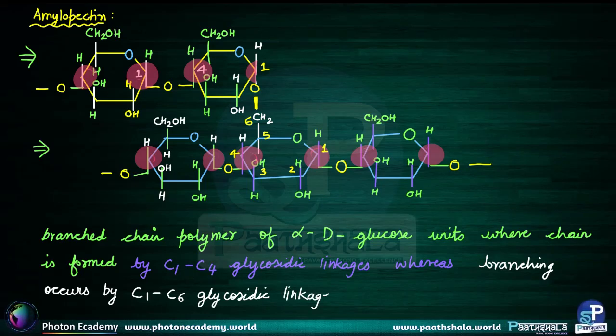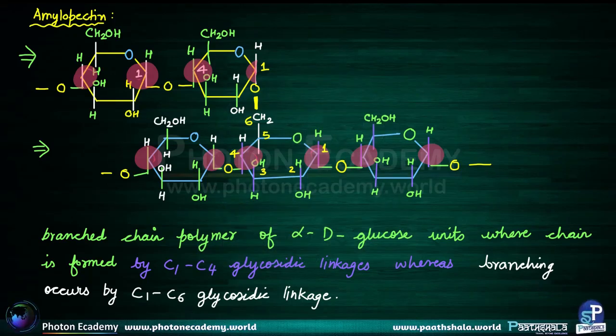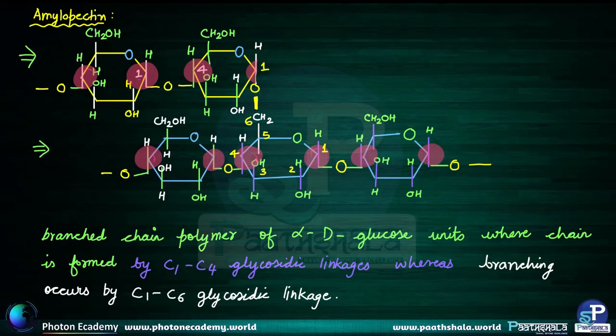Okay, so we just saw amylose, and now we're seeing amylopectin, and these are the two components of our starch. And amylopectin here is insoluble in water and constitutes about 80 to 85% of our starch. Now amylose was constituting the lesser percentage of the two.